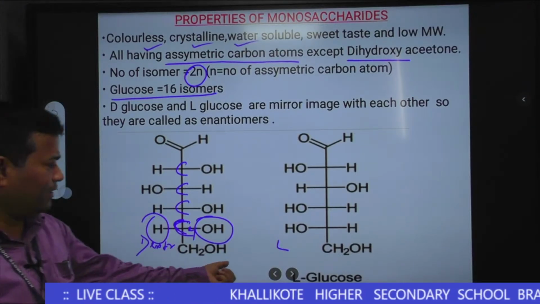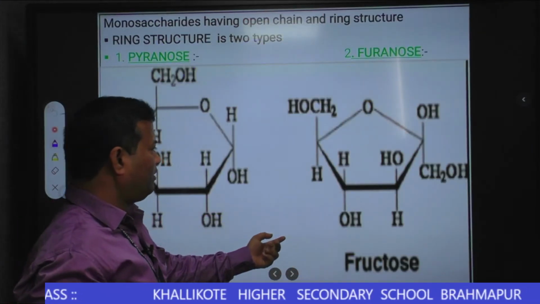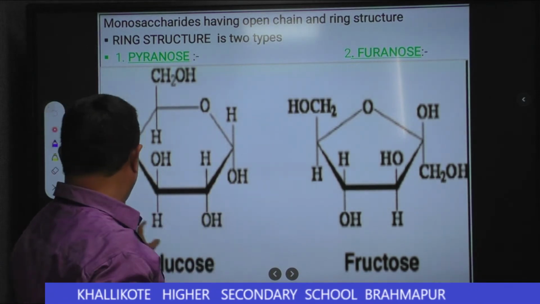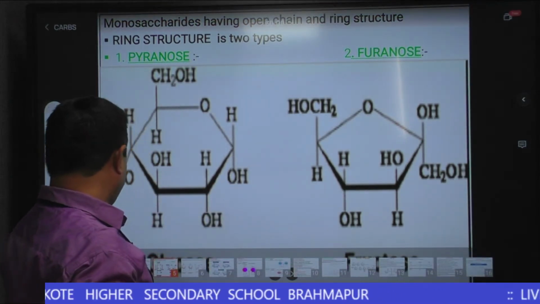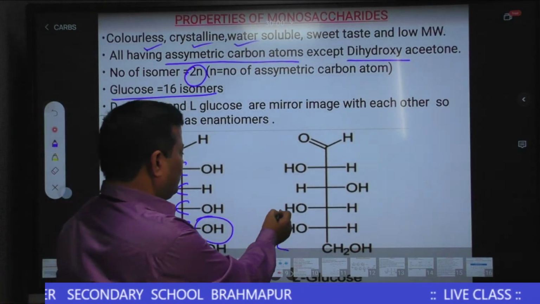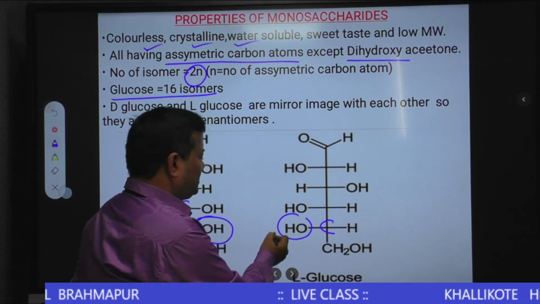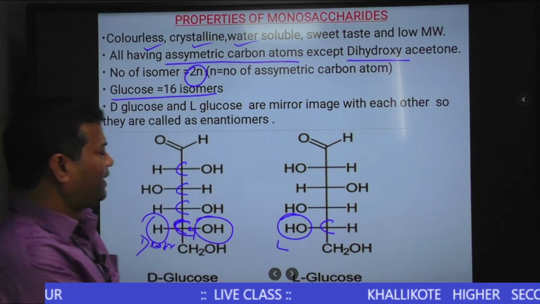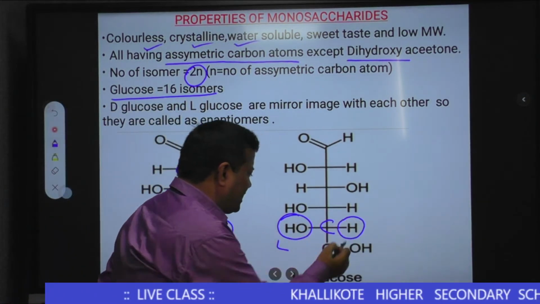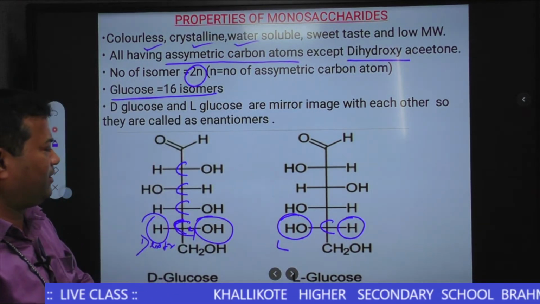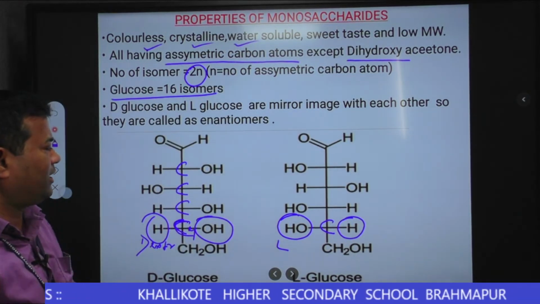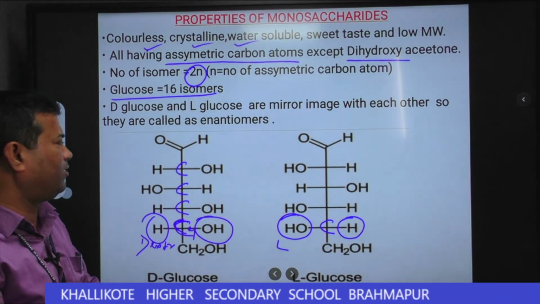Similarly, L glucose means when the OH group is located on the left side of the asymmetric carbon atom and the hydrogen atom is located on the right side, then this is called the levorotatory form of glucose.